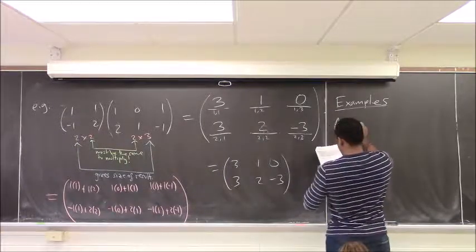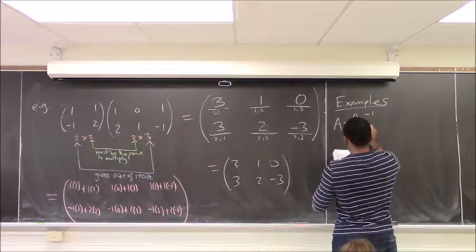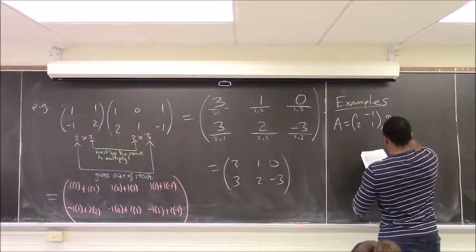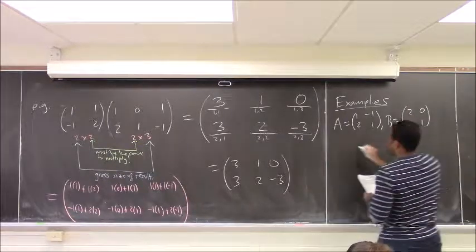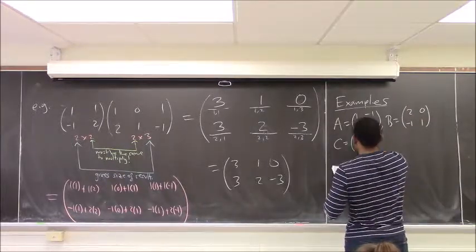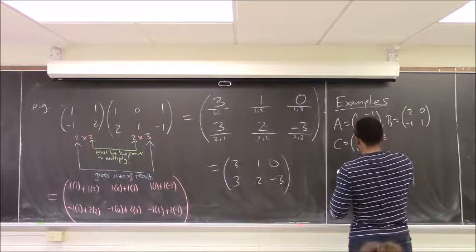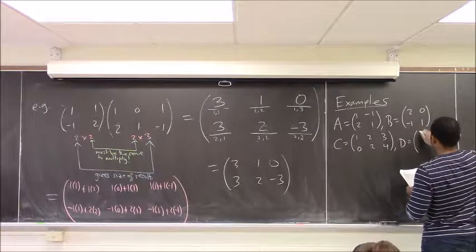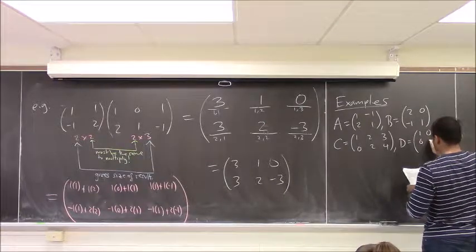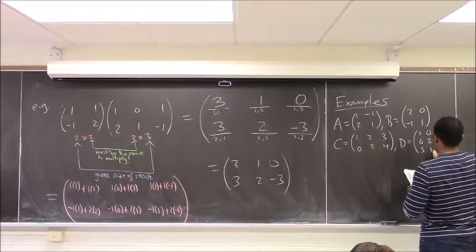A is [1, -1; 2, 1]. B is [2, 0; -1, 1]. C is [1, 2, 3; 0, 2, 4]. D is [1, 0, 0; 2, 3, 1].